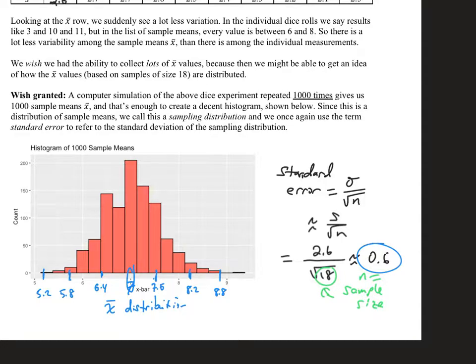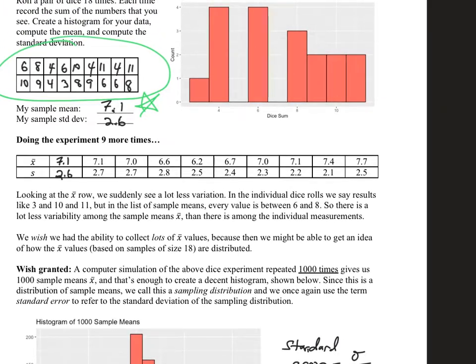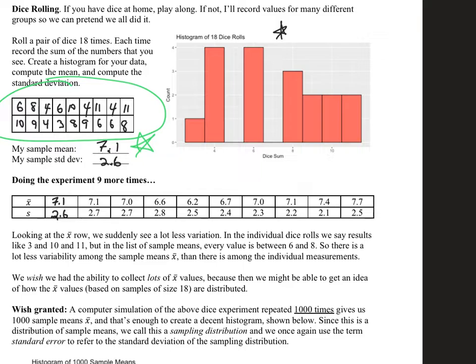One thing to notice is that that 0.6 standard error is a lot smaller than the standard deviation we had up here, and it's not hard to see why. The variability in this picture is pretty great. You can be down here. The minimum value was 3. The maximum value was 11. So there's a wide spread of values among the individual rolls, but notice that in the sample means, the x-bars that we got, all of those x-bars are between 6 and 8.